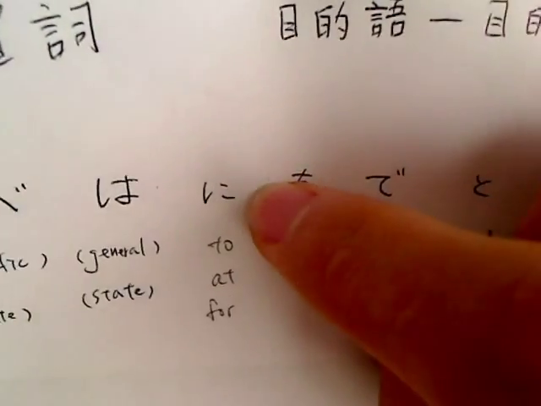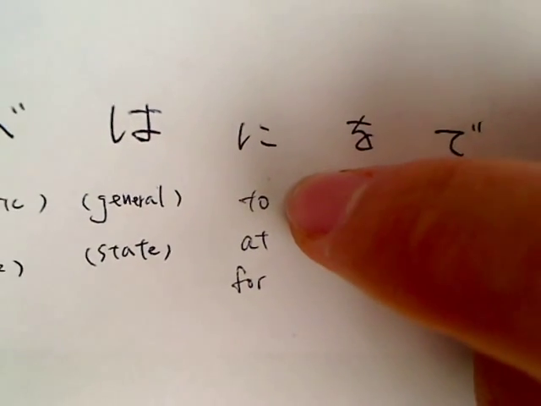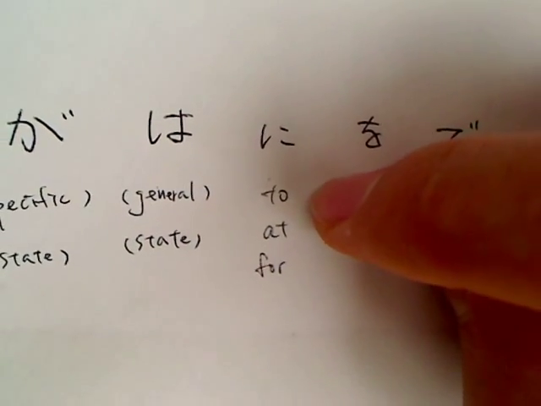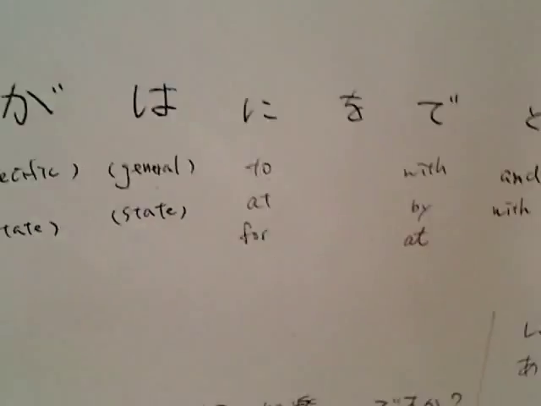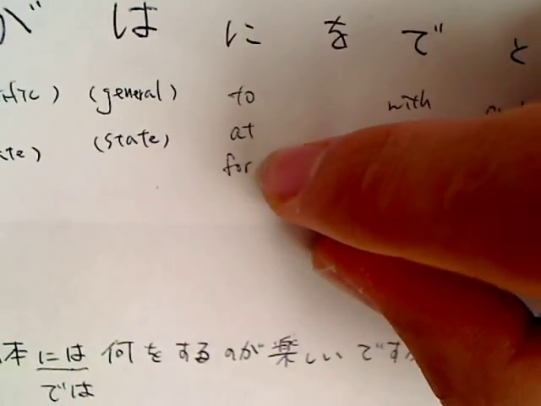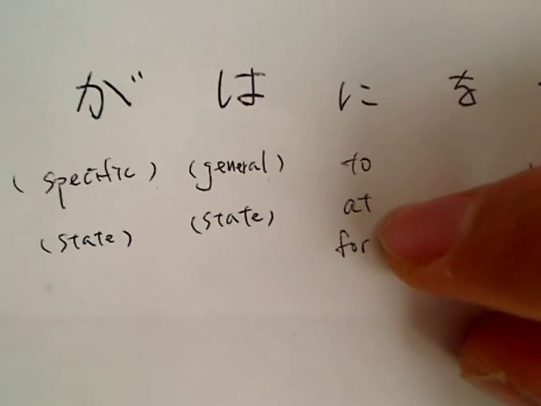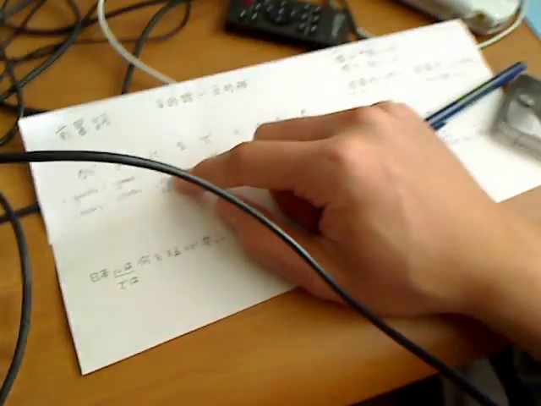Another word: に. It's usually interpreted as to, at, for, as in I went to some place, I arrived at the station, I gave it to him. It denotes place.